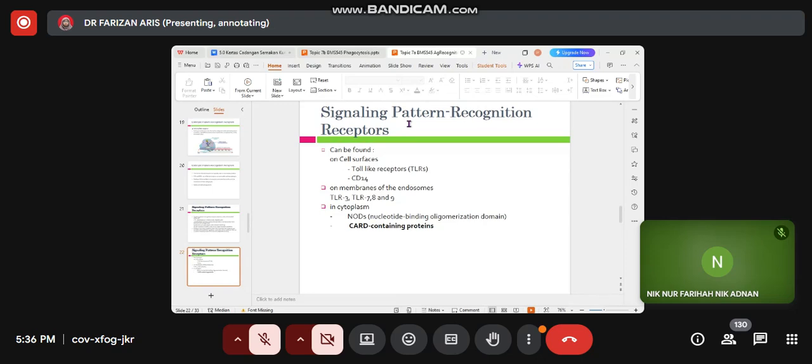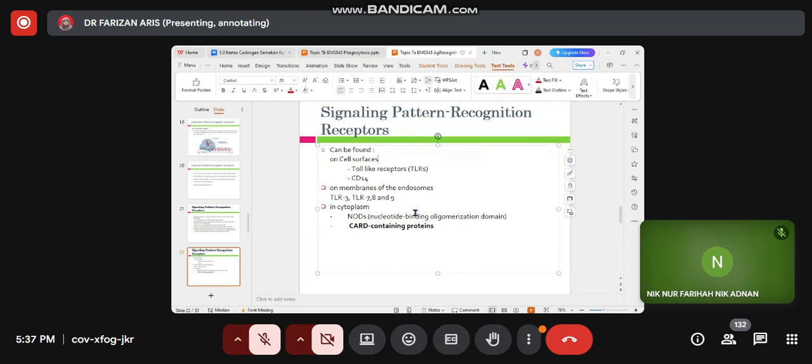Here, the recognition by the receptor causes the cell to receive a signal instruction from the outside of the cell to the inside of the cell. So the difference is because of the distribution of the receptor itself. Before this, if it's endocytic, most of them are on the surface. But for signaling, they could be on the surface, could be in the membrane of the endosomes, could be in the cytoplasm inside the cells, right? So it could be on the surface, could be inside the cells.